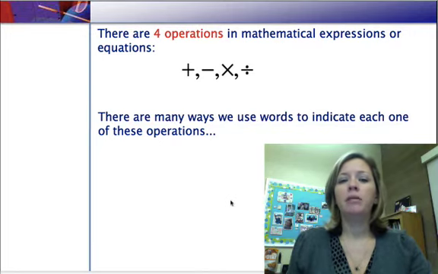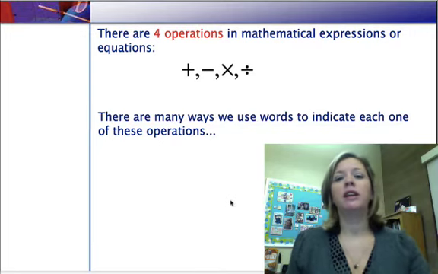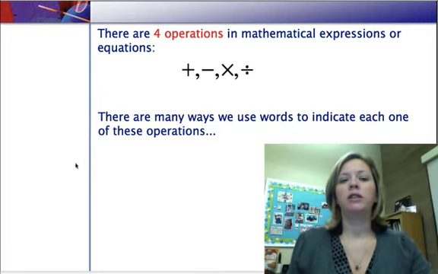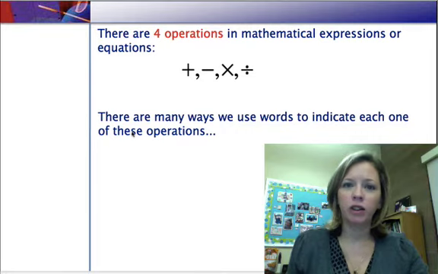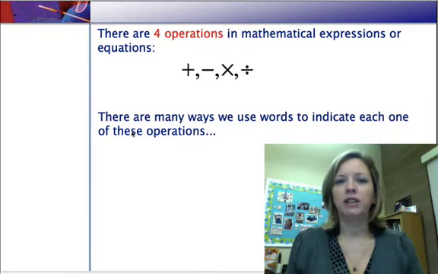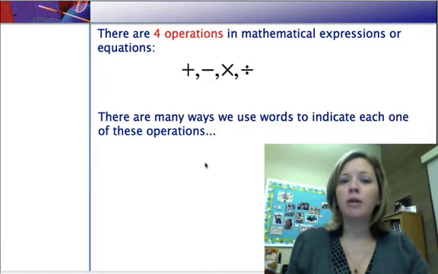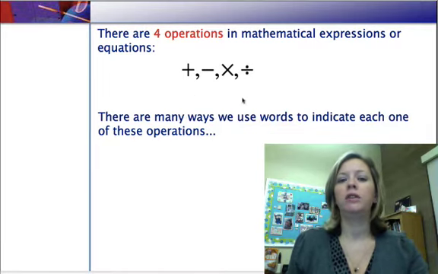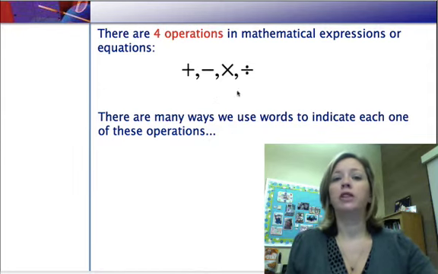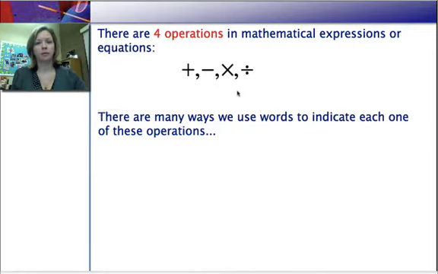So there's many ways that we use words to indicate each one of these things. And part of that's good because we've got lots of choices, but part of that can be kind of frustrating because there's so many different ways to represent each one of these operations. So I'm going to go through a few of the most common words that mean each one of these operations, and then we'll practice using those in some sentences.